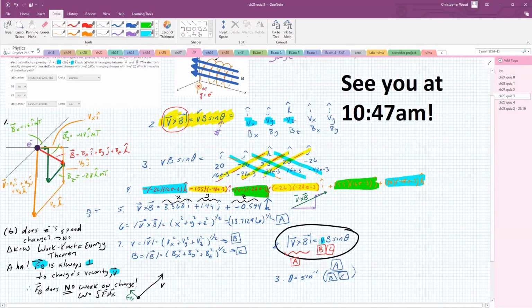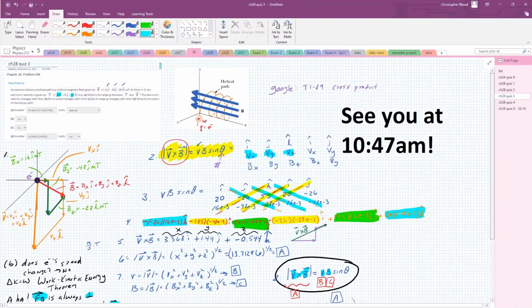So V is always a constant because it never changes. B is just my external magnetic field, which is just imposed upon me. Everything here is a constant. V cross B is a constant. No change in time.